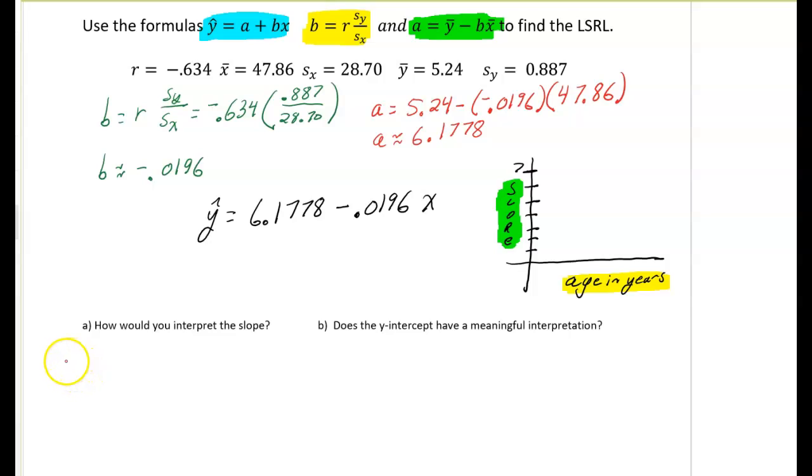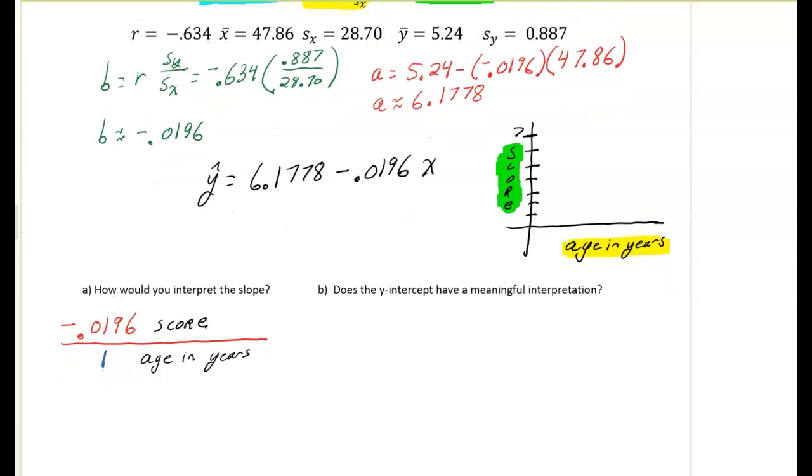So let's look at the slope. The slope is negative 0.0196 over 1, where y is the score and x is the age in years.